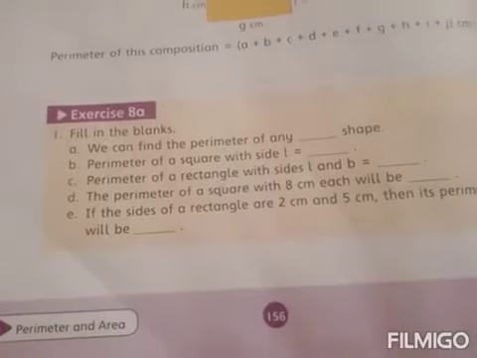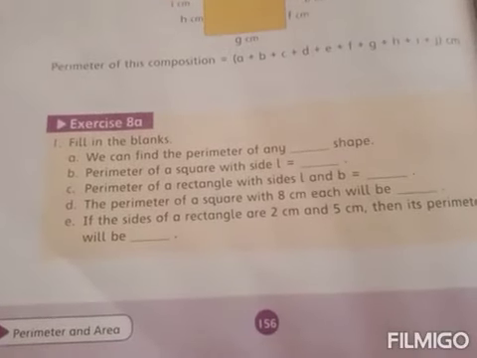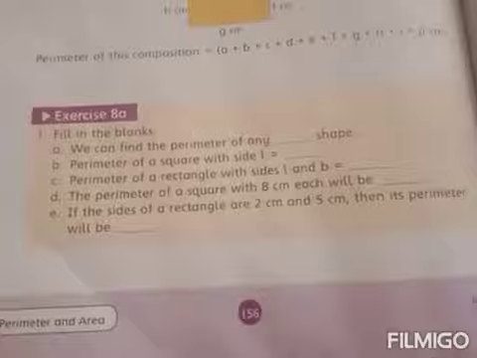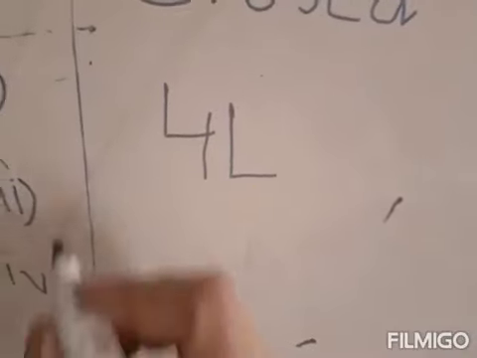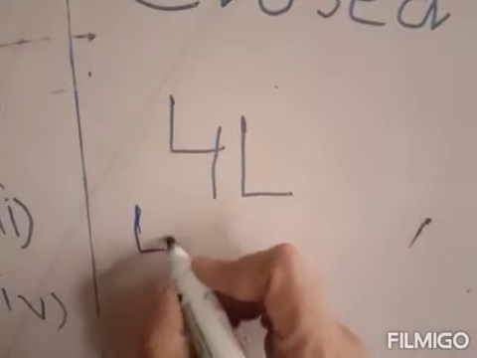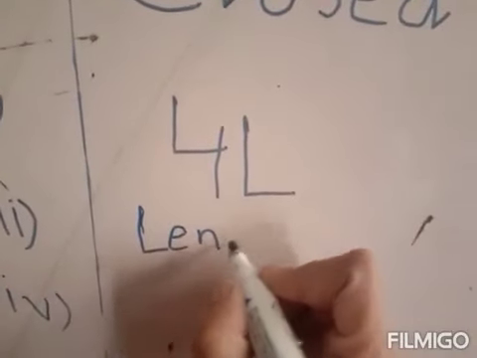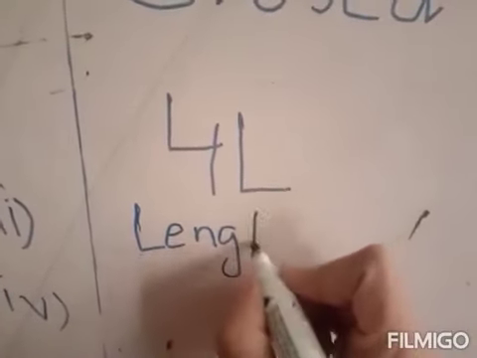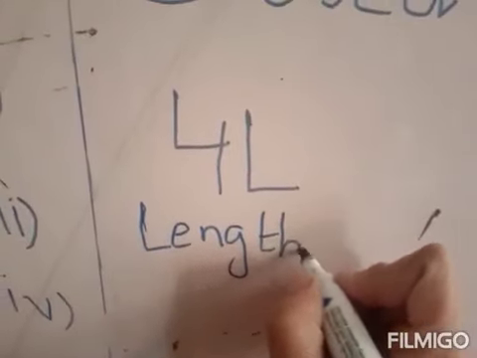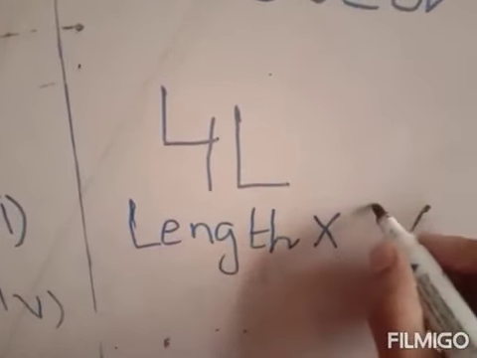C part is perimeter of a rectangle with side L and B is equals to. Students, during our activity I have told you that area of a rectangle is equals to length multiply by breadth.